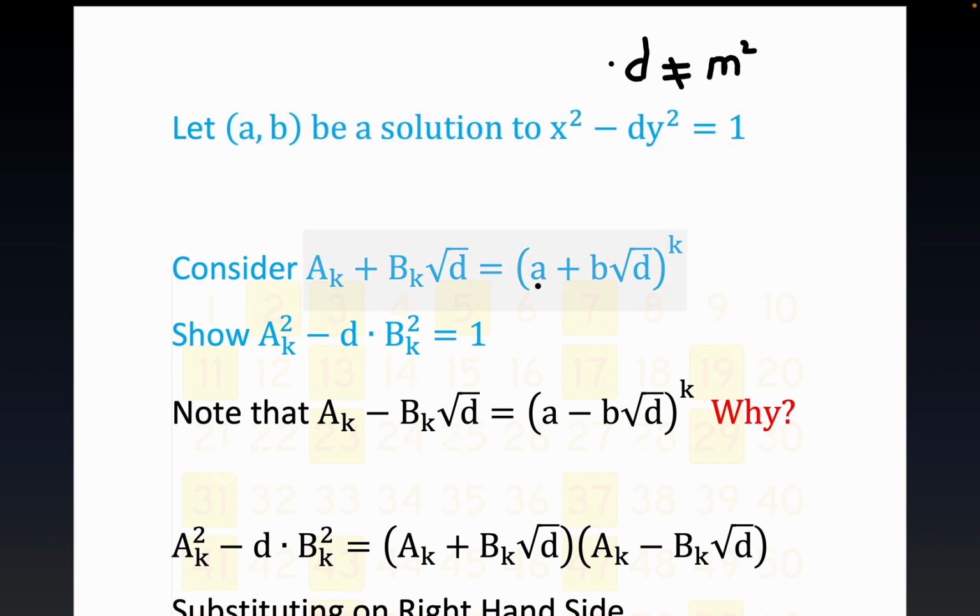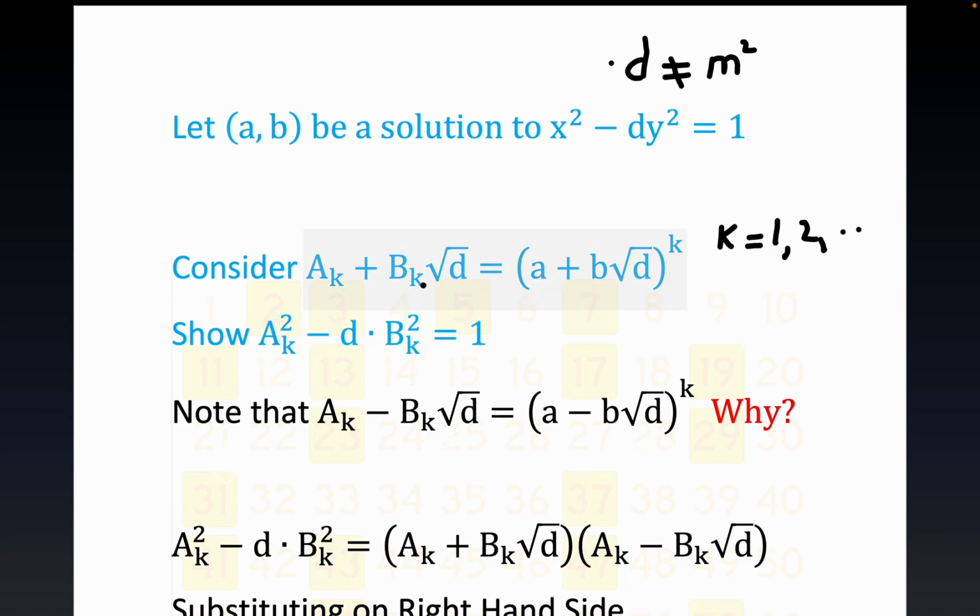Now this expansion, I love the notation right here. Notice that a and b is the solution, and we're expanding it to an integer k. Of course, technically it might hold for k equals 0, but we're assuming that k is a natural number, 1, 2, and so on. Okay, so k is a natural number, and this is a binomial expansion.